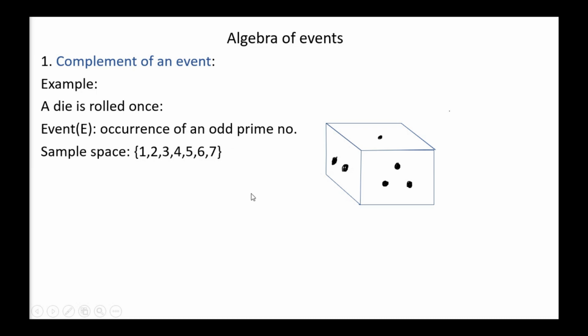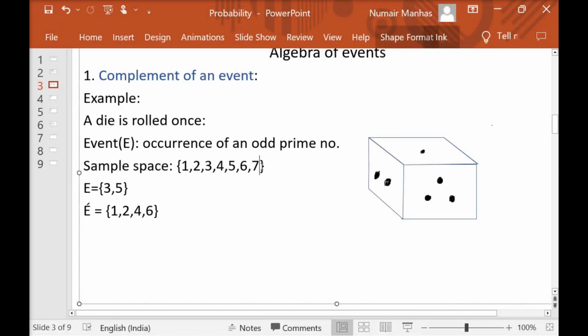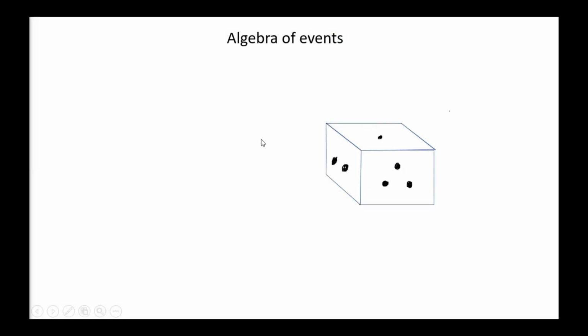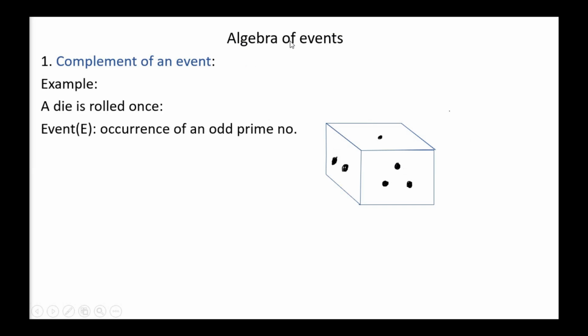There is no 7, so let me just remove this one. So 6 total number of outcomes. So the outcomes in our event are 3 and 5. These are odd prime numbers. They are both odd and prime. So let's denote E dash as the complement of an event.